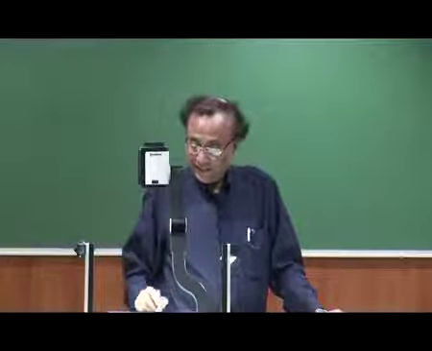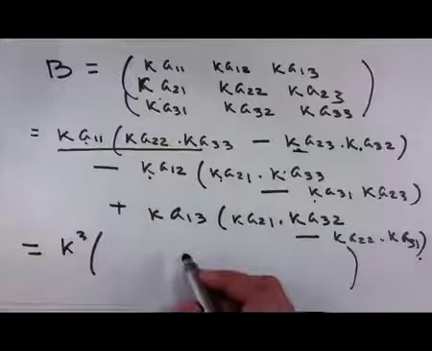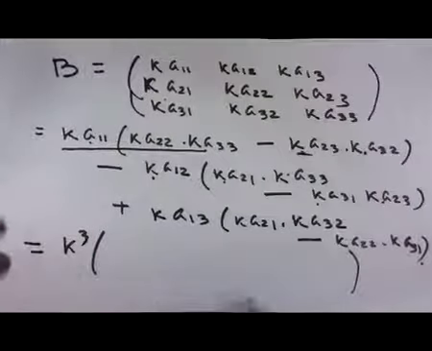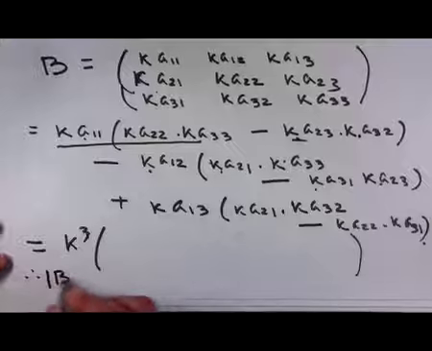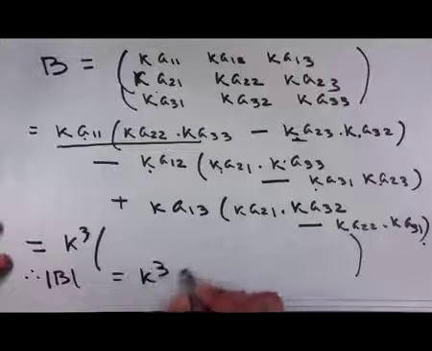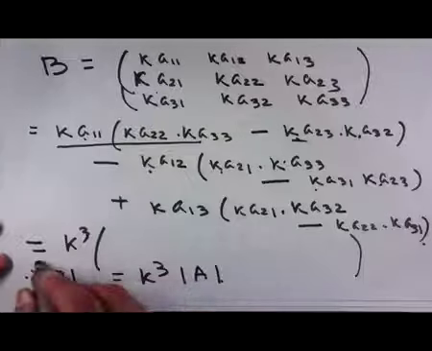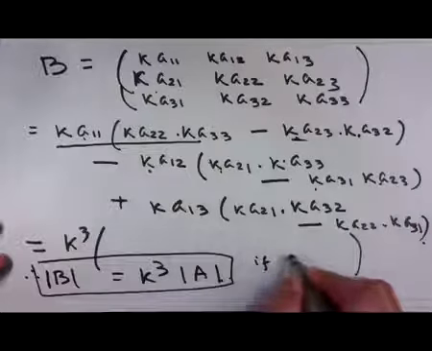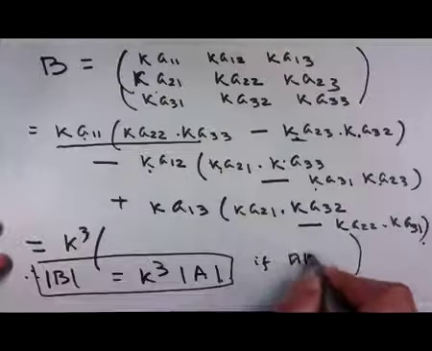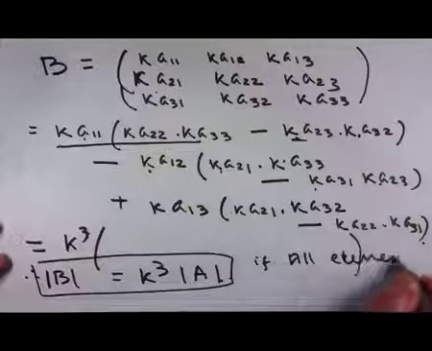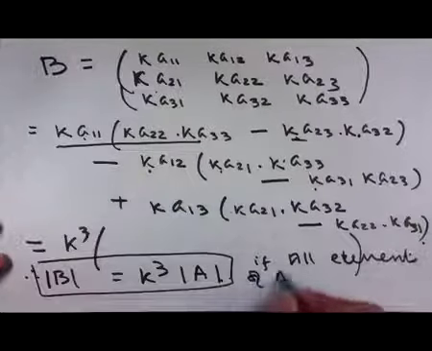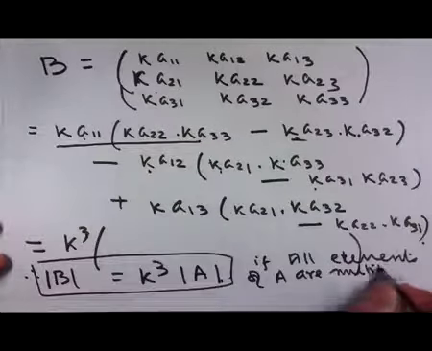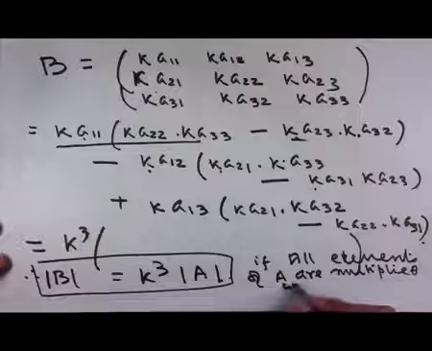You see that this is the same as the expression of the determinant of A. Therefore, the determinant of B is equal to K cube times the determinant of A, if all elements of A are multiplied with K.